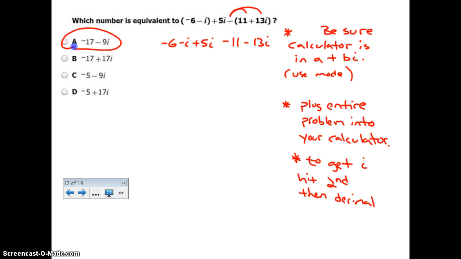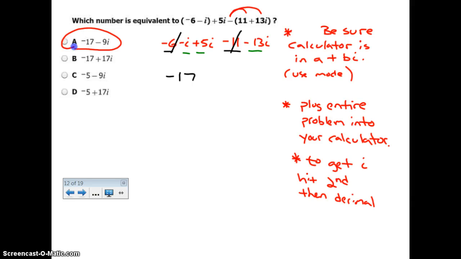So first we have -6 and -11. So that's going to give us -17. And then you have -i plus 5i minus 13i.